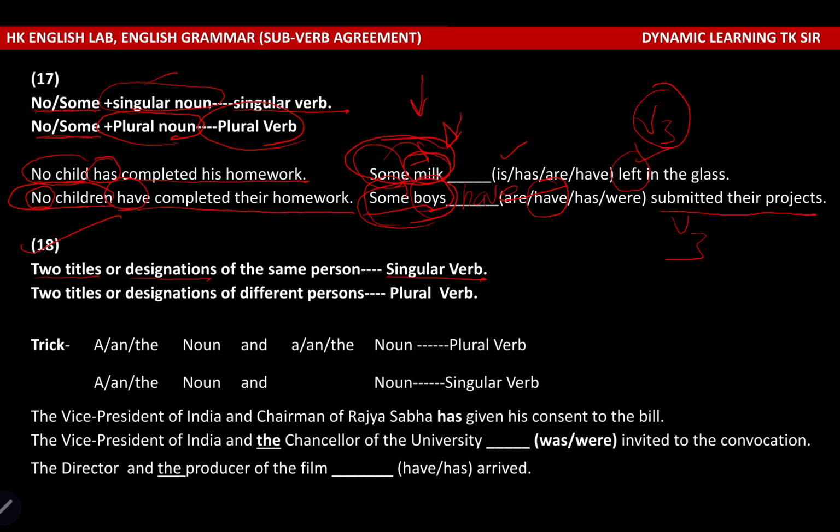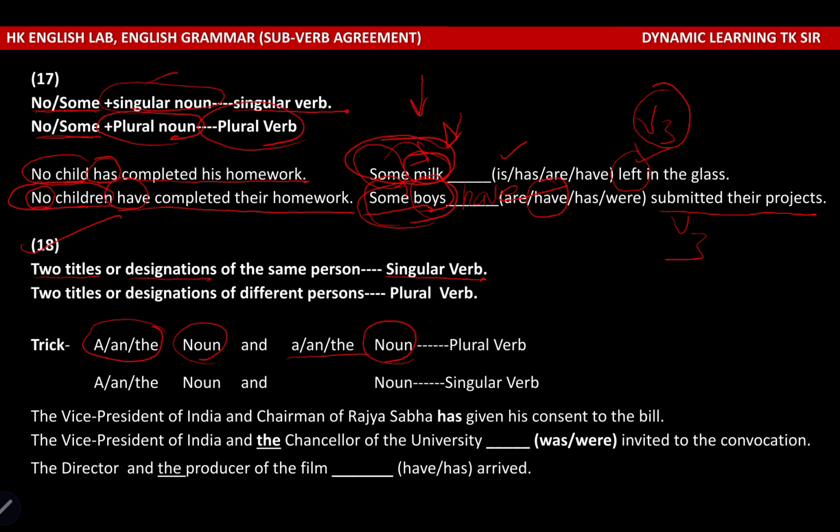Okay, how do you know that one person has two designations here? Look at here. Suppose you take one noun or any subject. Before the first noun, you have a or the, and before the second noun, again you have a or the. Means they are two persons. If I say the chemistry teacher and the PET of our school, they become two here.